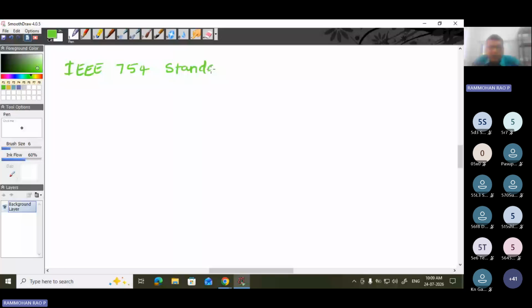IEEE 754 is a standard for representing floating point numbers. Okay. So the IEEE 754 standard for floating point numbers.